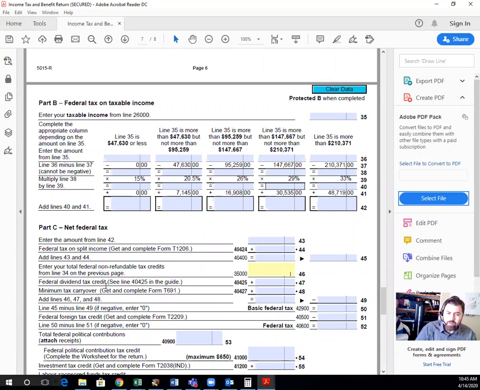And then there's further tax credits that weren't added to that form. That's because they're calculated based on their own rates. So the federal dividend tax credit would go in here on line 47.